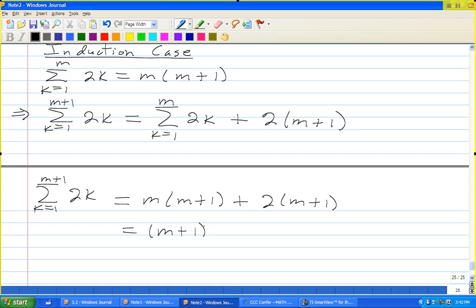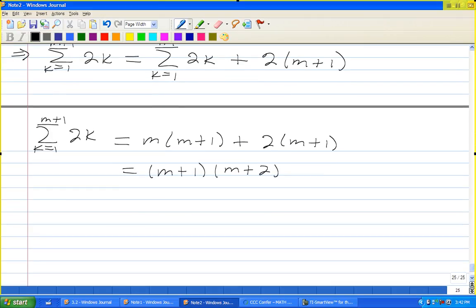So what remains is m plus 2. And let me write m plus 2 as m plus 1 plus 1.